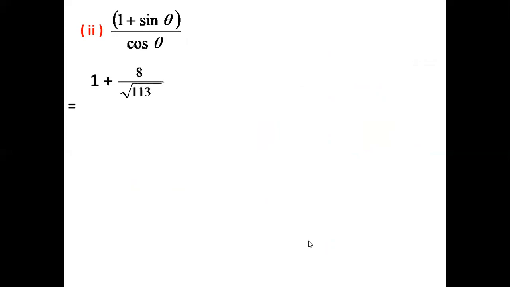Right. So the second problem is (1 plus sin theta) by cos theta. It is equal to 1 plus, what is the sin theta value? That is 8 by under root 113, divided by, what is the cos theta value? 7 by under root 113. Now here also you take the LCM in the numerator.